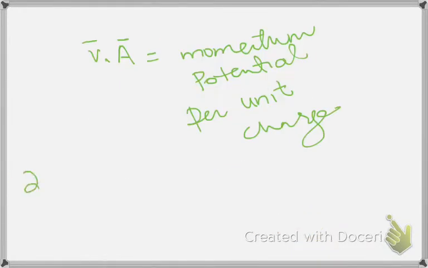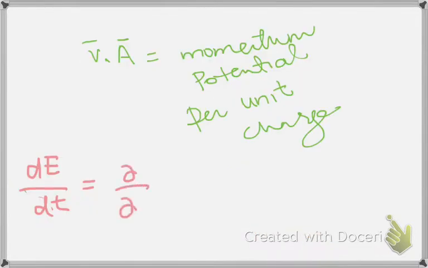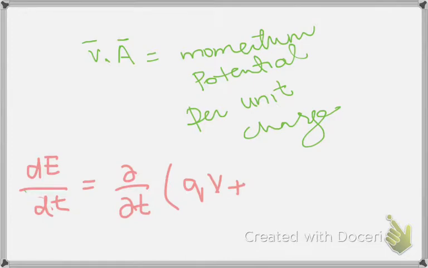So the total derivative of energy with respect to time is equal to the partial derivative of q into V minus v dot A. And here we are representing the energy in the form of potentials.